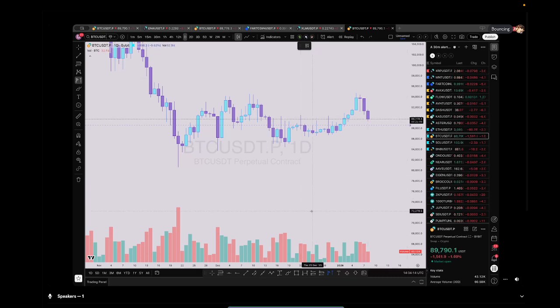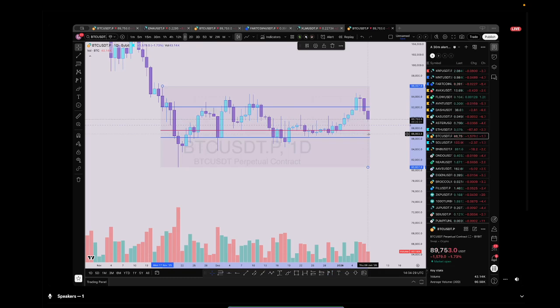So we have a few tools to find POCs. Okay, one is this fixed range volume profile. You can use it, for example, on ranges. Let's say we can take this range. Okay, and we have our point of control, value area high and value area low.